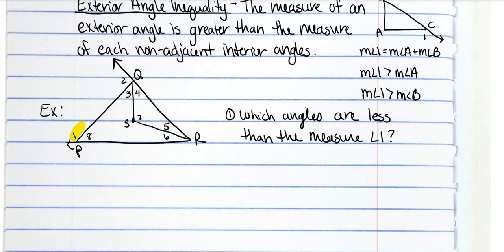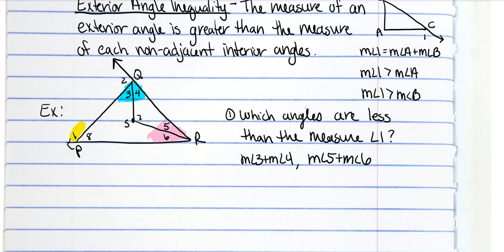Remember that it has to be the measure of the two non-adjacent interior angles. So, it would be these two together, okay? And then these two together. So, the measure of angle 3 plus the measure of angle 4 would be one. And then the measure of angle 5 plus the measure of angle 6 would be the other one.